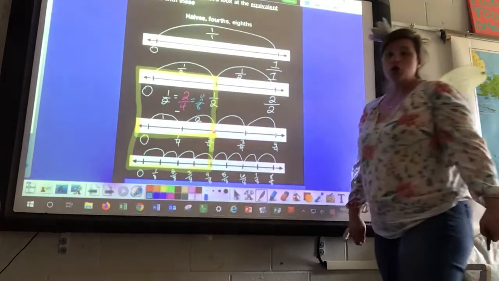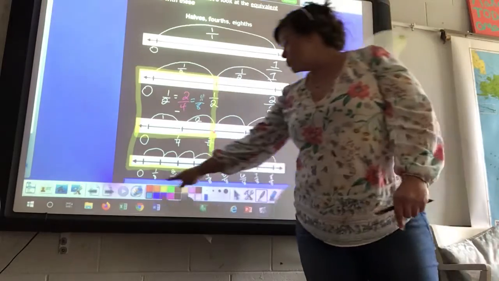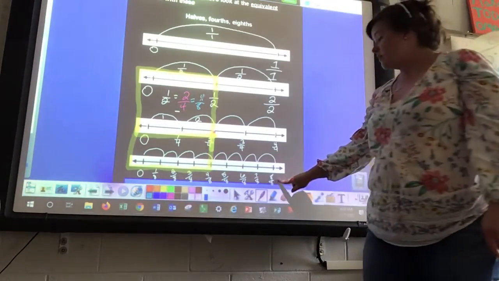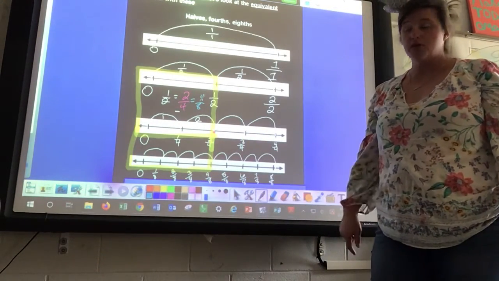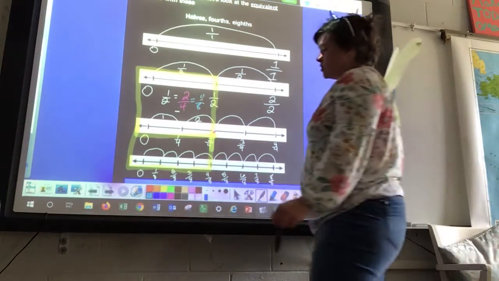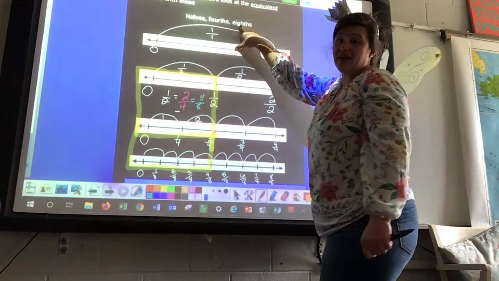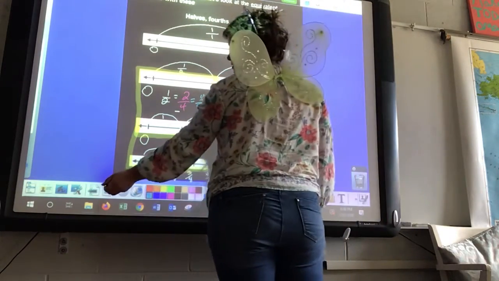Okay, boys and girls. So on a number line, you need to make sure to remember to label the 0 and then label how many wholes and how many jumps, okay? All right, so that is it for the equivalent fractions to halves, fourths, and eighths, okay?